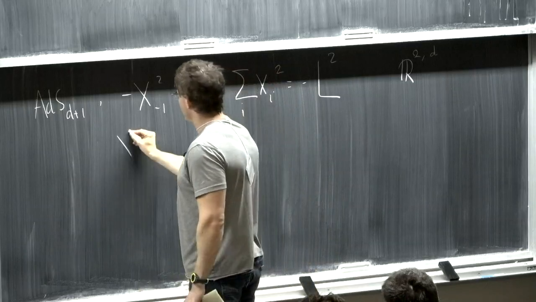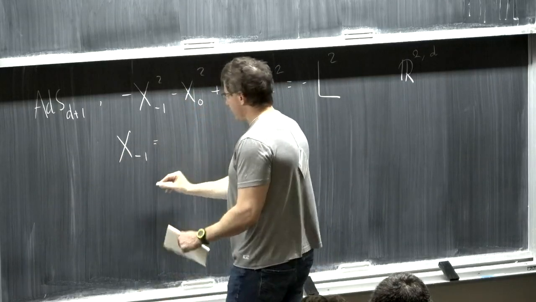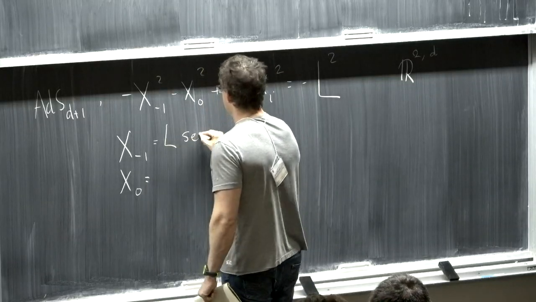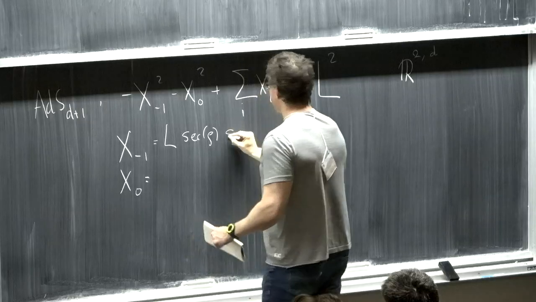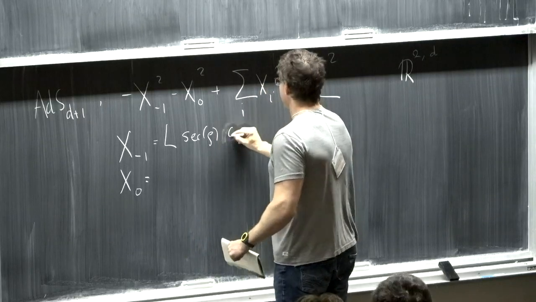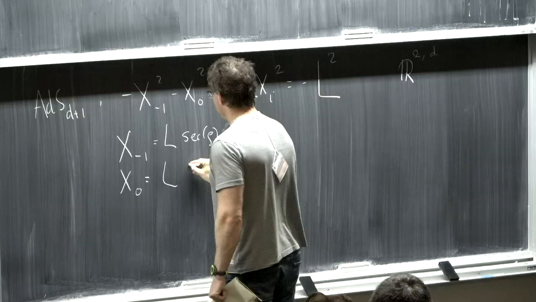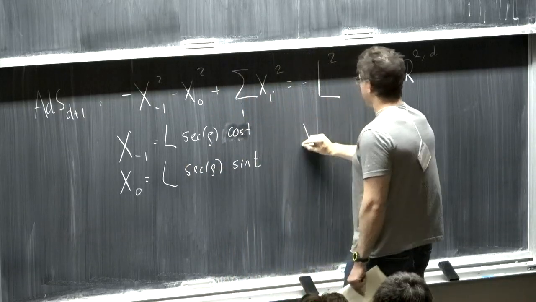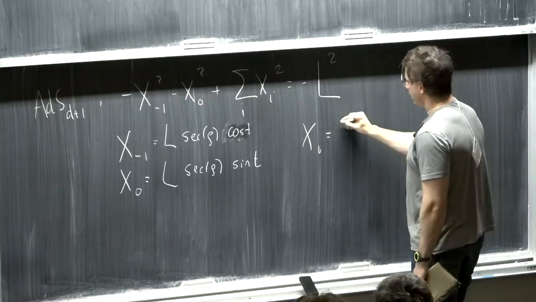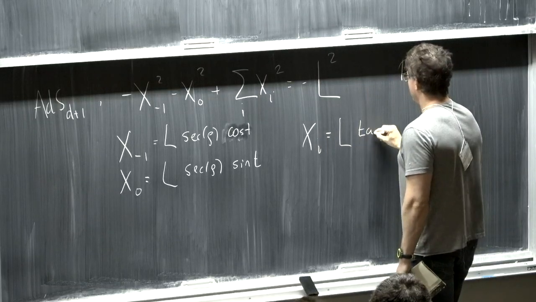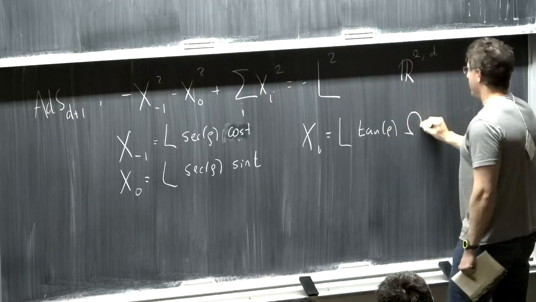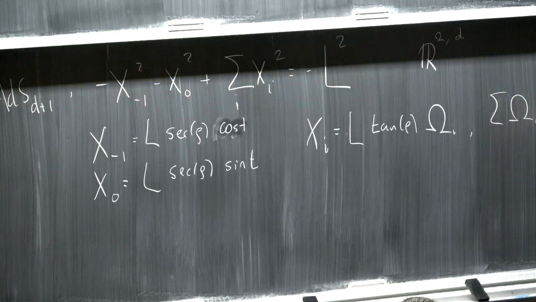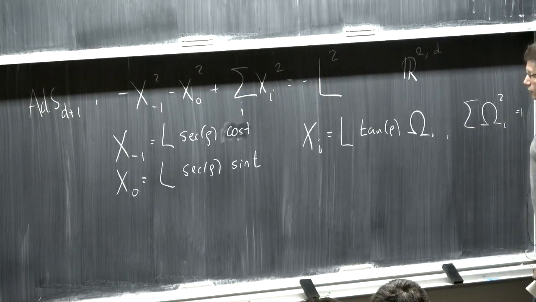And then I'll choose particular coordinates today where x_{-1} and x_0 are given by L sec rho cos T, L sec rho sin T. And then x_i would be L tan rho omega_i, where omega_i parameterize a d-1 dimensional sphere.